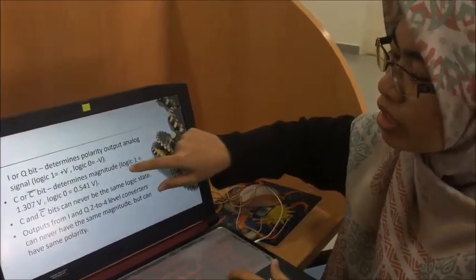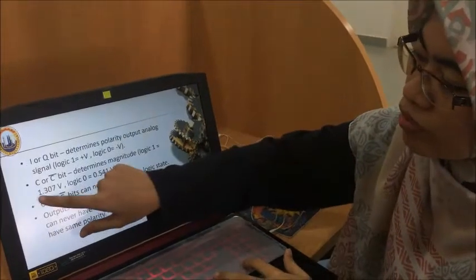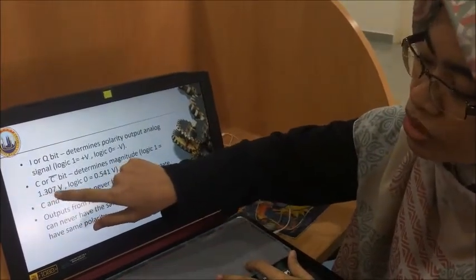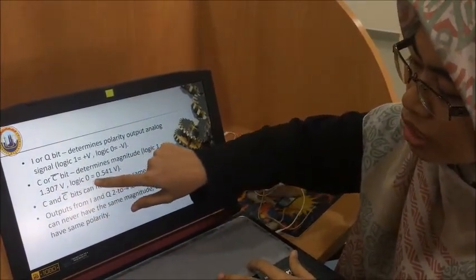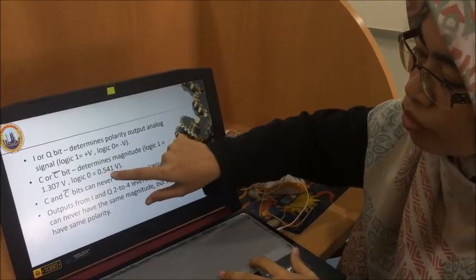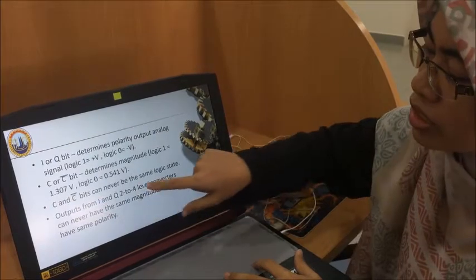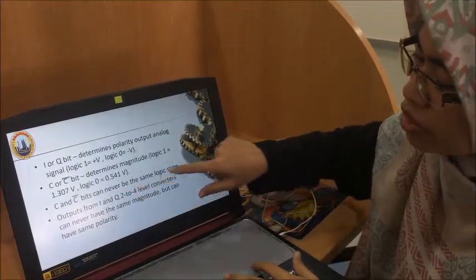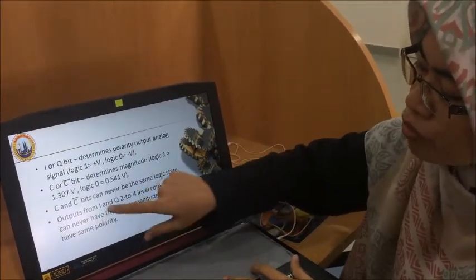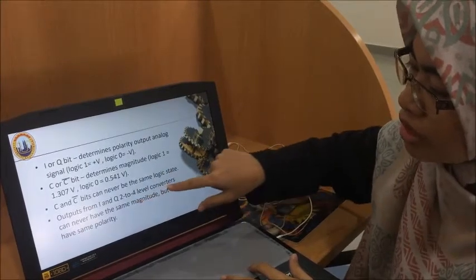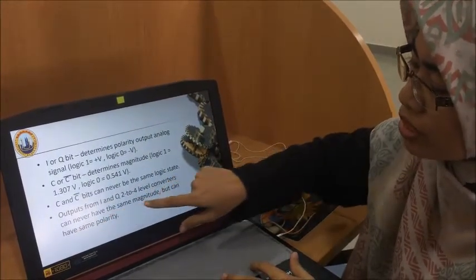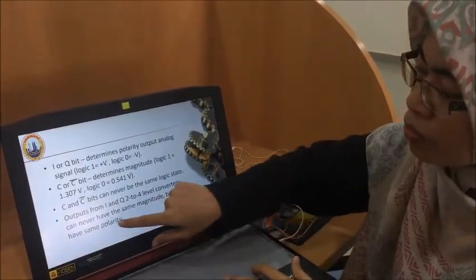When it's in logic 1, the value is 1.307. In logic 0, we get 0.541 volt. C and C bar bits can never be in the same logic state, so the outputs of the I and Q level converters never have the same magnitude, but can have the same polarity.